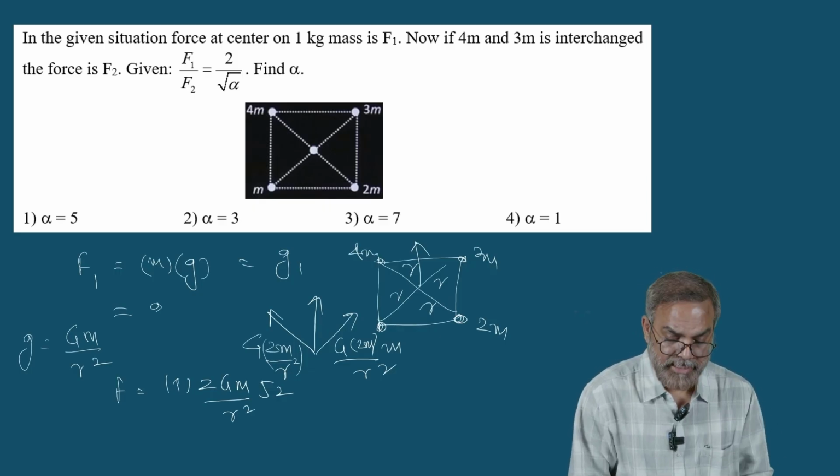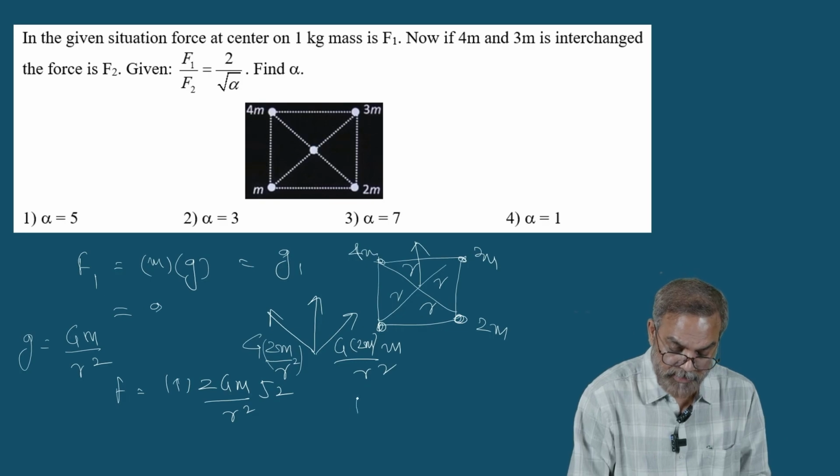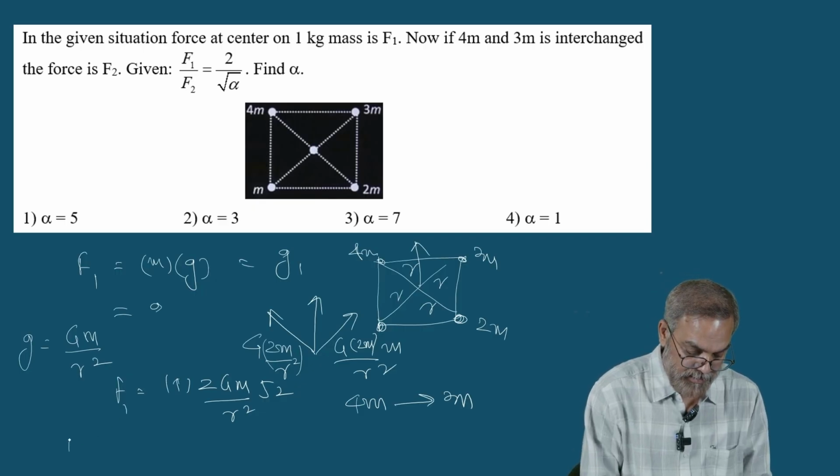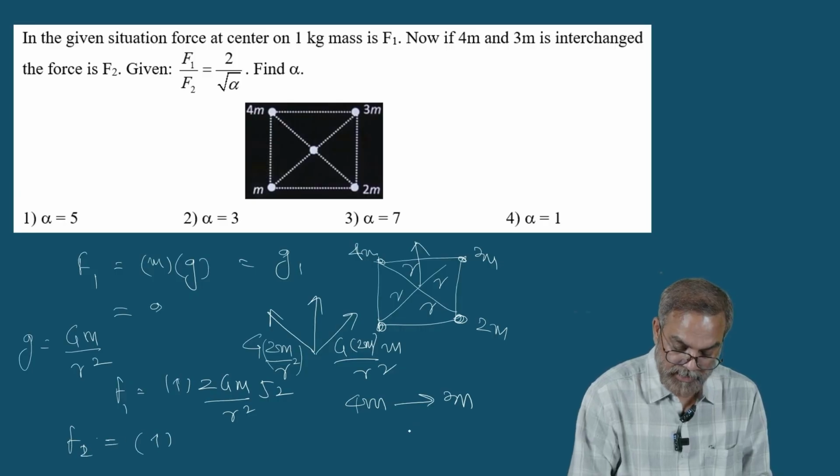And in the second case, when 4m is replaced or interchanged by 3m, now in this modified situation, we are going to have F2, again with mass 1, and again there will be two vectors like this.